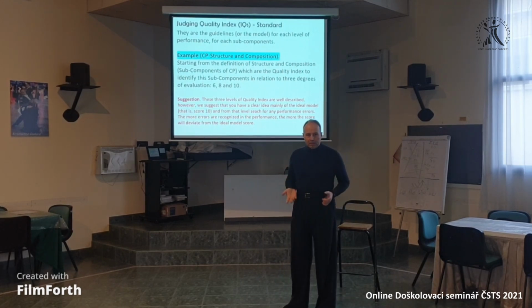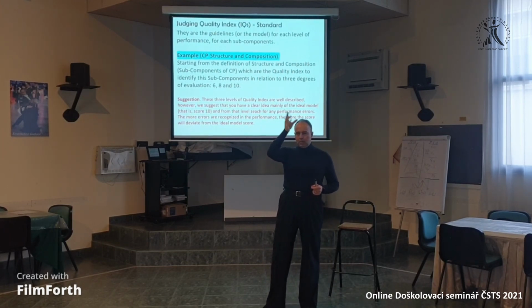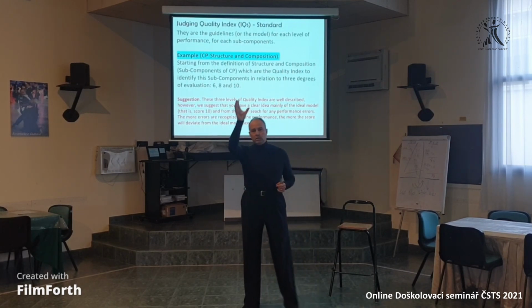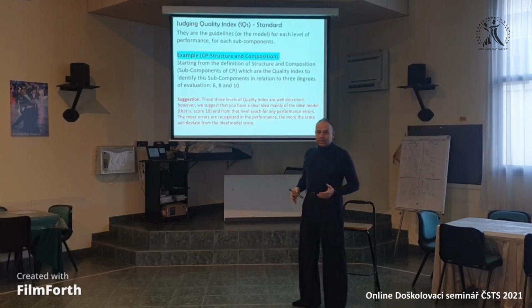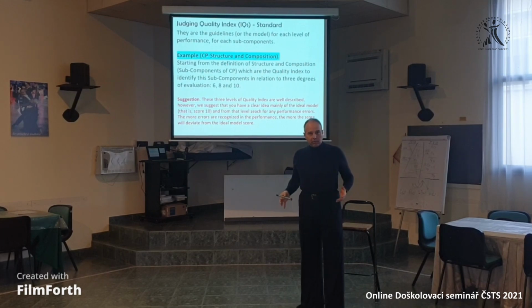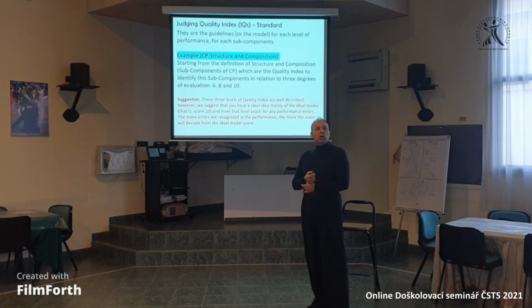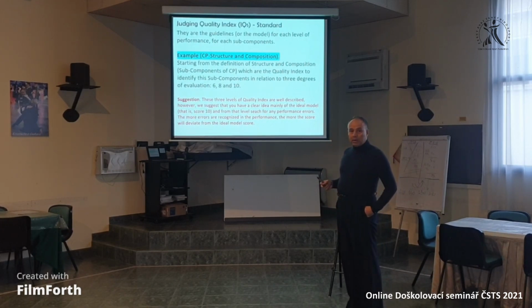So actually you have to remember what the subcomponent definition, which already gives the guideline, and what the quality index say for the score 6, for the score 8, for the score 10. This is, in reality, the extremely difficult part of the judgment, because all these sentences are quite easy, even if there are keywords inside, but it's quite easy. These 3 levels of quality index are well described.